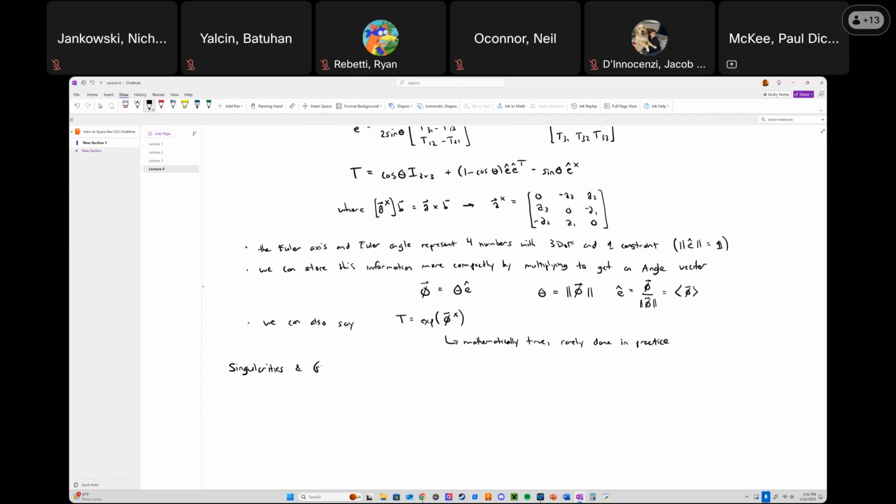and gimbal lock. So Euler angles, so roll, pitch, yaw, make intuitive sense. At least I think so.